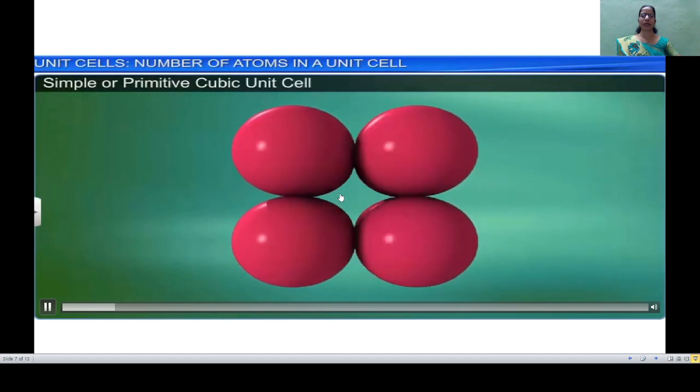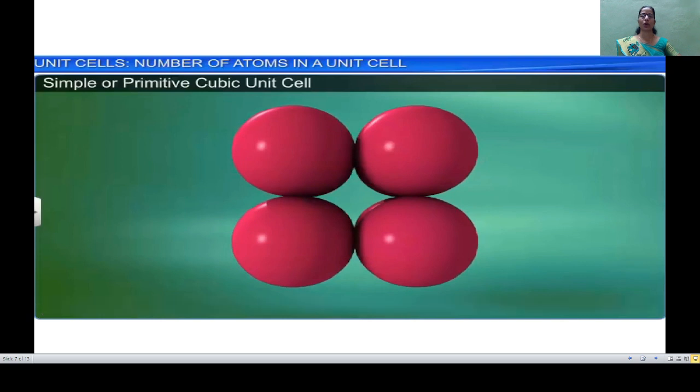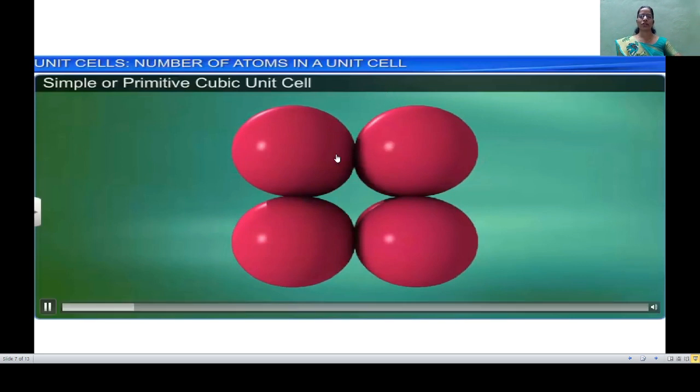Okay, here though such is the case, each corner particle does not give its whole contribution to the unit cell. Actually, when we stack the unit cells together, you will observe that each corner particle is surrounded by the 7 other unit cells.